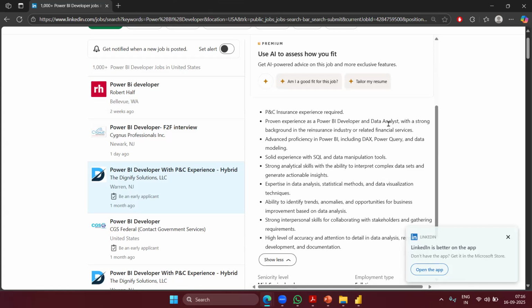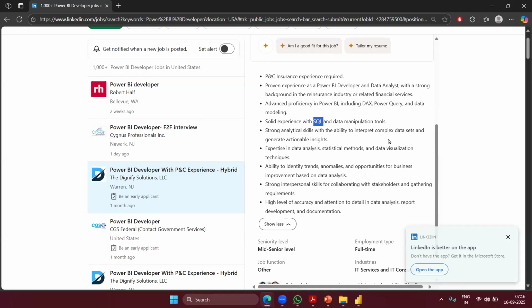Proven experience as a Power BI developer and data analyst with a strong background in research. Proficiency in Power BI including DAX, Power Query and data modeling. Solid experience with SQL and data manipulation. Strong analytical skills. Whenever we are applying for business roles, two things come by default: strong analytical skills and strong communication skills.